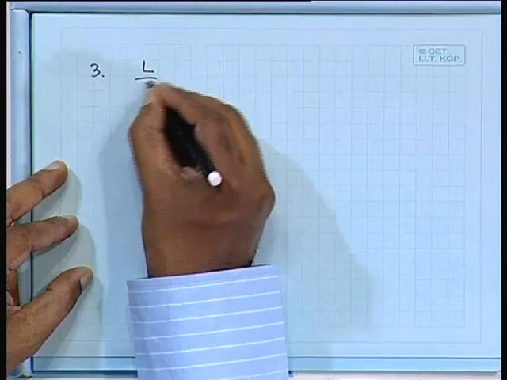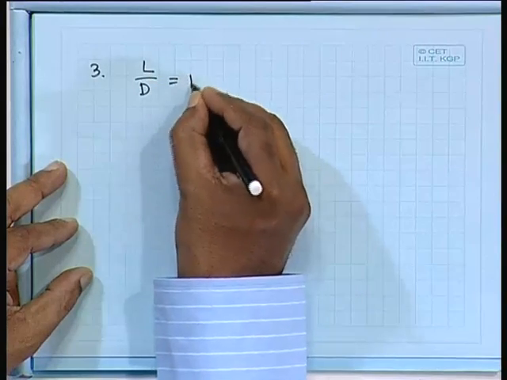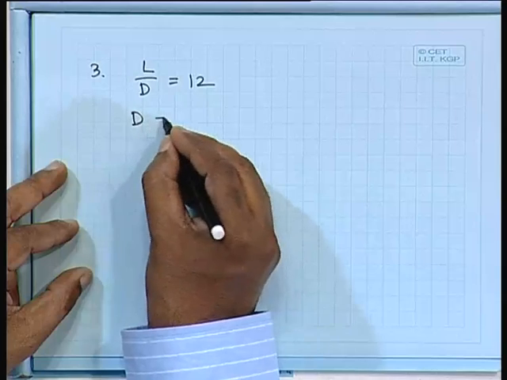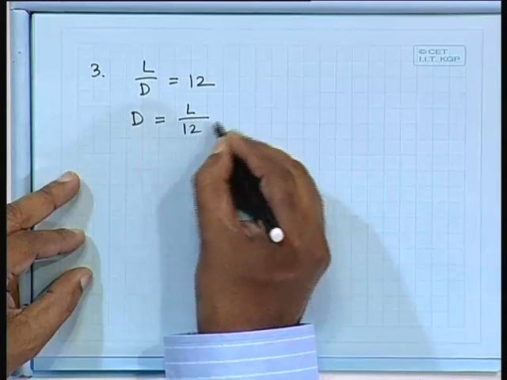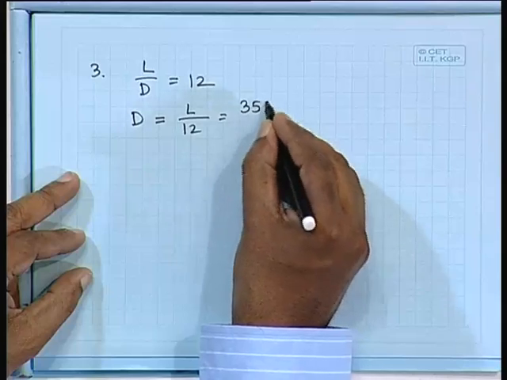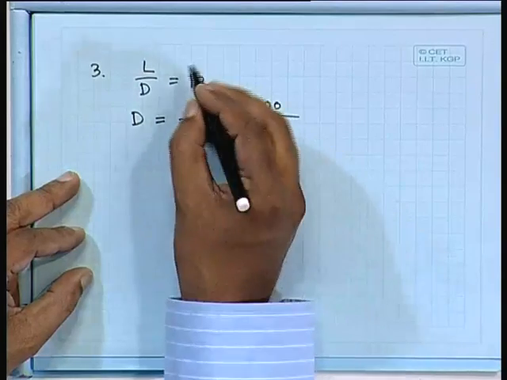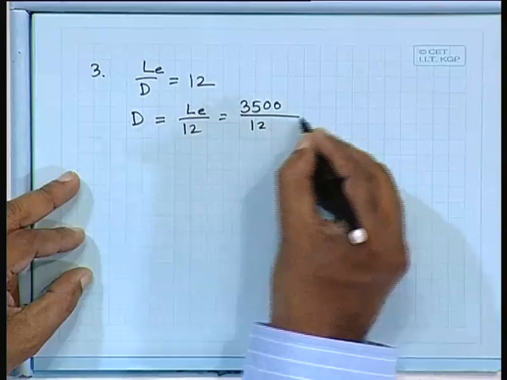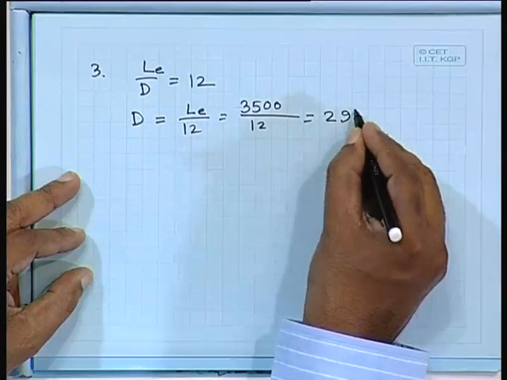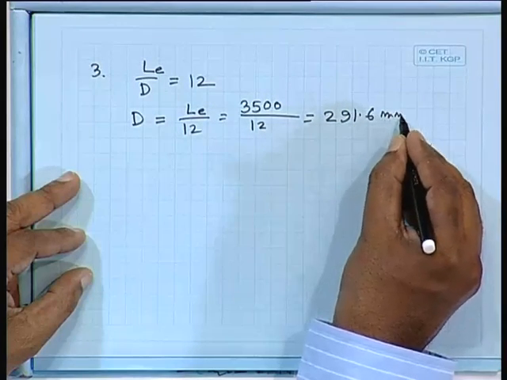If L by D equals 12, D will be equal to L by 12, which is 3500 divided by 12, which comes as 291.6 millimeter.